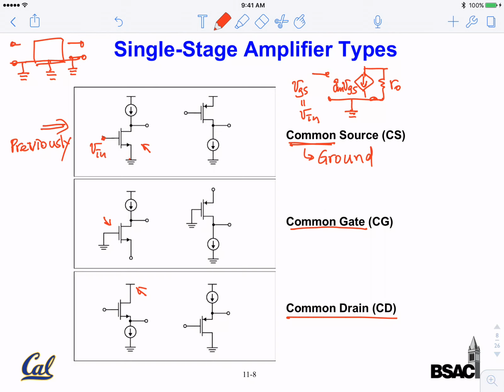It's really between gate and source. Output goes out here. So here is Vout. The only difference here is that we use a current source to bias it. Previously, we have seen examples where we use a resistor, RD, to bias it. So we can use RD as well, right?